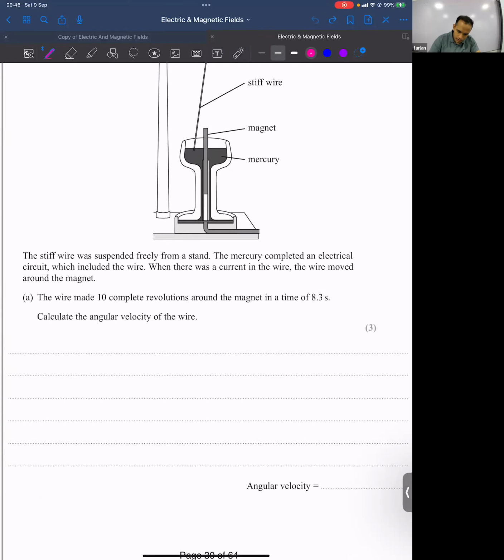So guys, angular velocity, I can take it as angular displacement over time. One revolution, one turn is 2 pi radians. Correct? So 10 revolutions made means 10 into 2 pi will be the angular displacement made, over the time taken, which is 8.3 seconds, which is 7.57 radians per second.